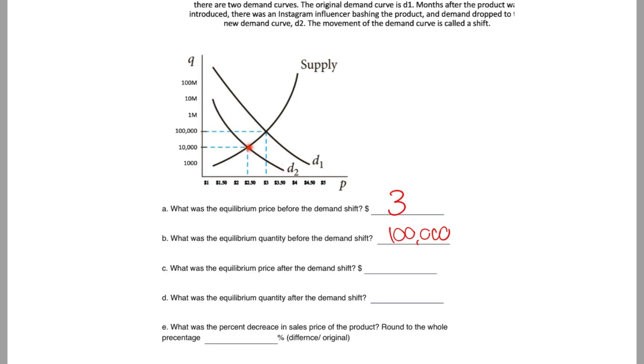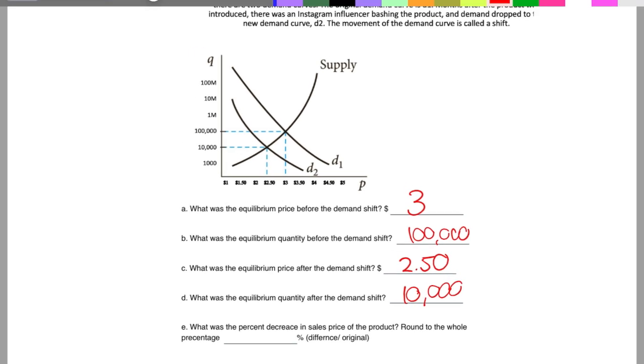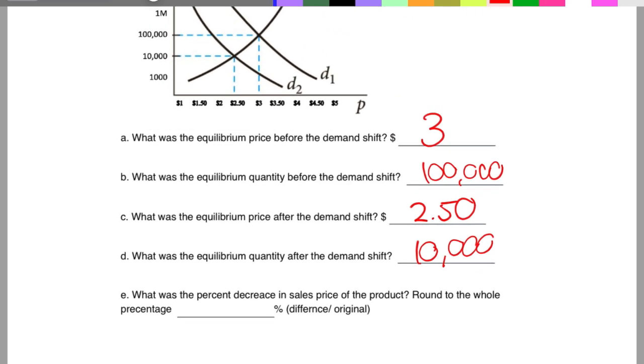So we're down here on D2. Demand shift goes down to $2.50. What is the quantity on the second demand? The quantity was 10,000. You don't need the comma, but whatever.